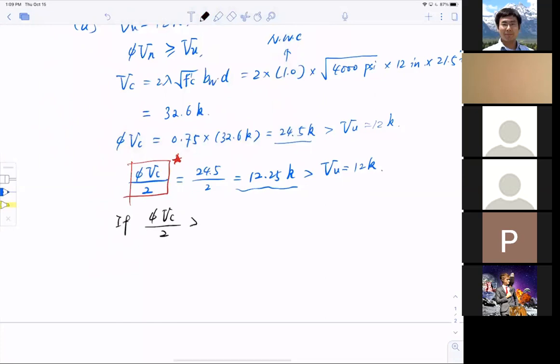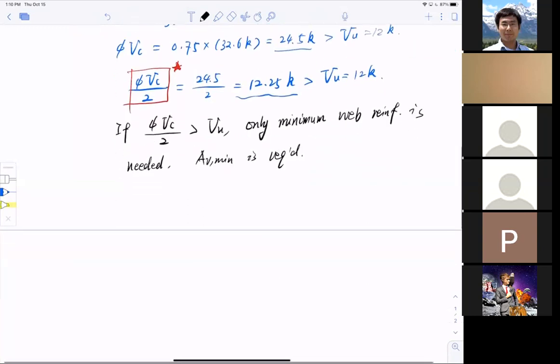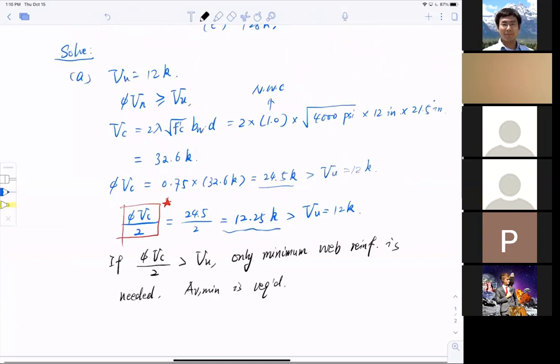But if it's bigger than VU, only minimum web reinforcement is needed. That means AV min is required. So this is first problem, right?